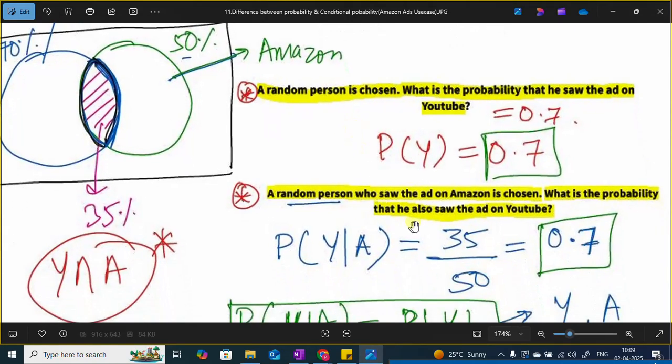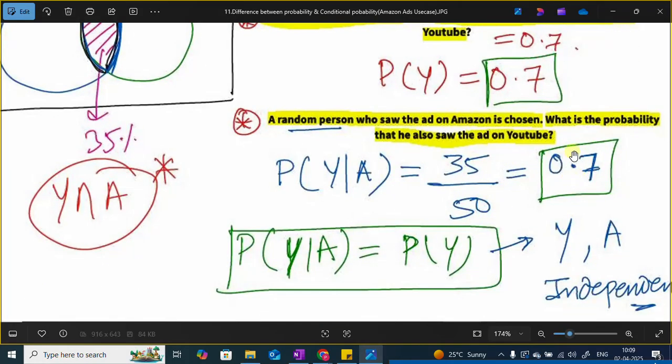That means it's asking the probability that he saw the ad on YouTube, which means the probability of finding YouTube provided or given Amazon. Now, what is the percentage that he saw the ad on both YouTube and Amazon? That is 35, this common area, divided by the probability that he saw it on Amazon, which is 50. So 35 divided by 50 is nothing but 0.7.